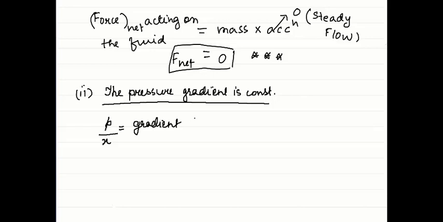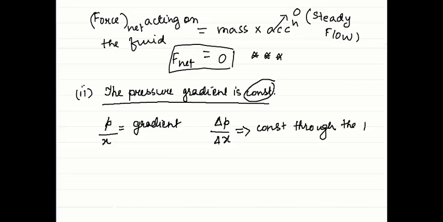What does it mean that the pressure gradient is constant? That means the change in pressure per unit length of the pipe will be constant throughout the pipe. This will come in handy when we derive the shear stress distribution. Just keep in mind that the pressure gradient is constant.